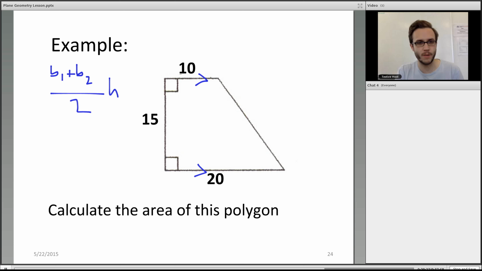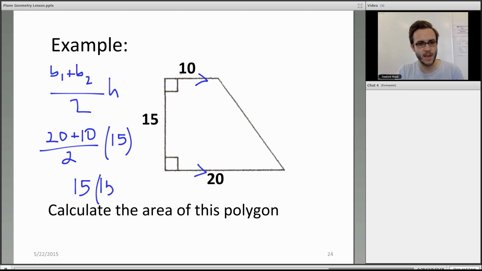Well, I know how to find average. I'm showing you both kinds of notation here. 20 plus 10 over 2, because I have 2 terms, times the height, which is 15. Okay, so 20 plus 10 is 30. 30 divided by 2 is 15. 15 times 15.